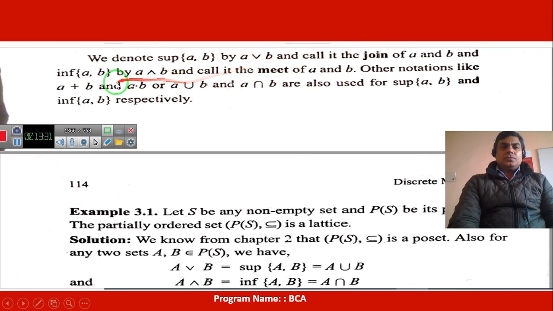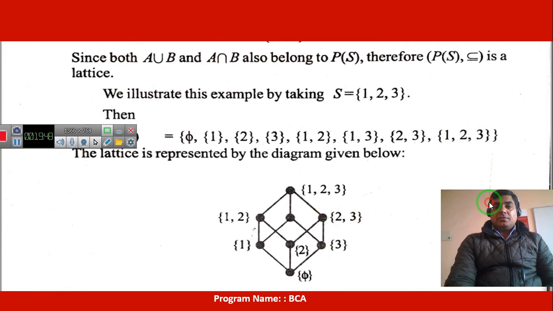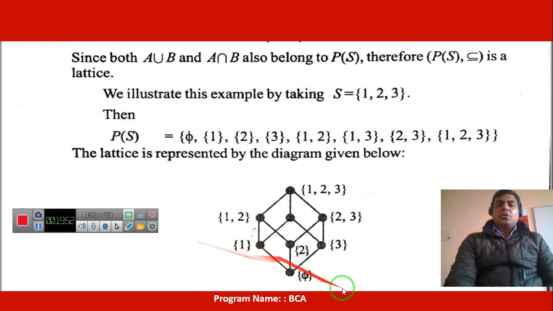Disjunction, plus sign, union and join are the same, and intersection, dot, meet and conjunction are the same. Okay, so just make the power set of 1, 2, 3 and find whether it is a lattice or not.